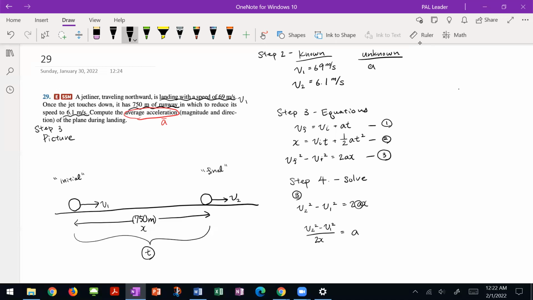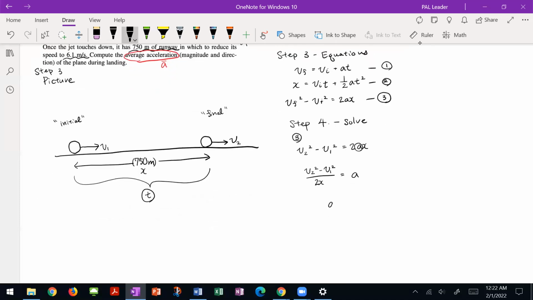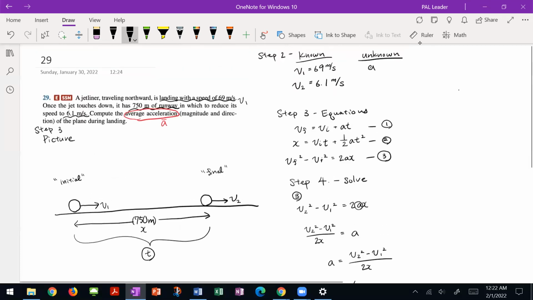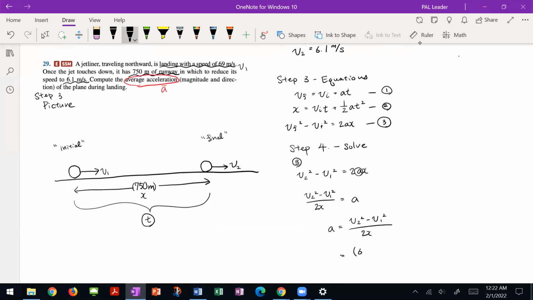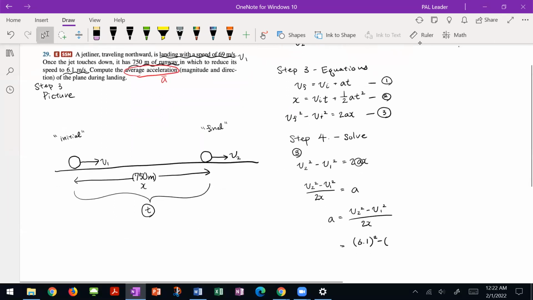Now I'm just going to flip it so it looks like a equals this, personal preference. And now let's put in our numbers. V2 was 6.1 squared minus V1, which was 69 squared, all over 2 times the distance we traveled, which was 750 meters.